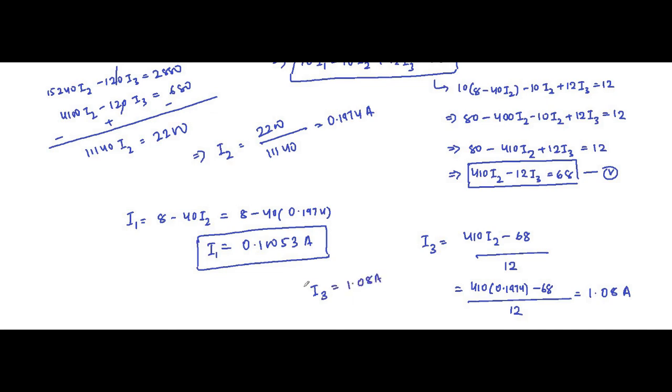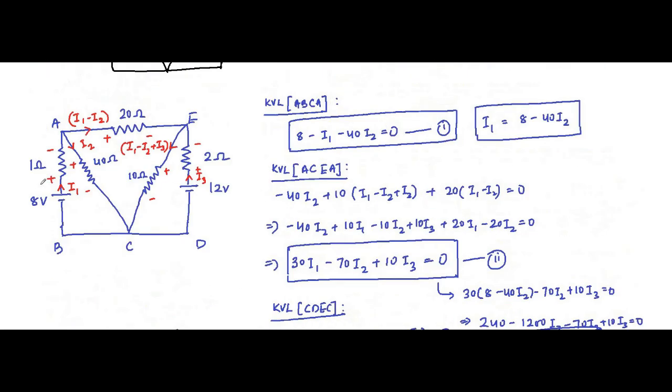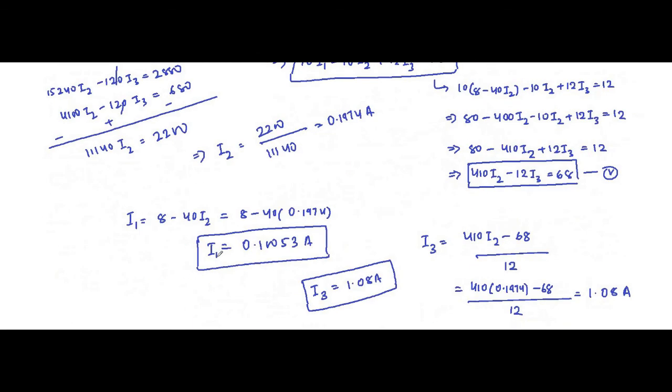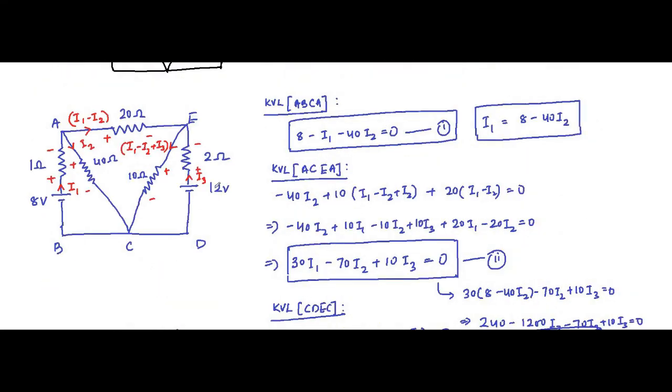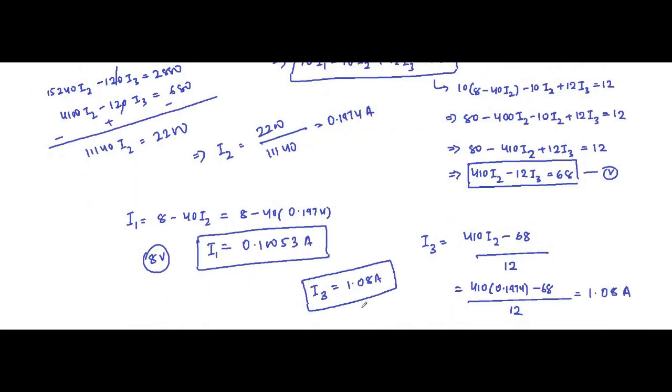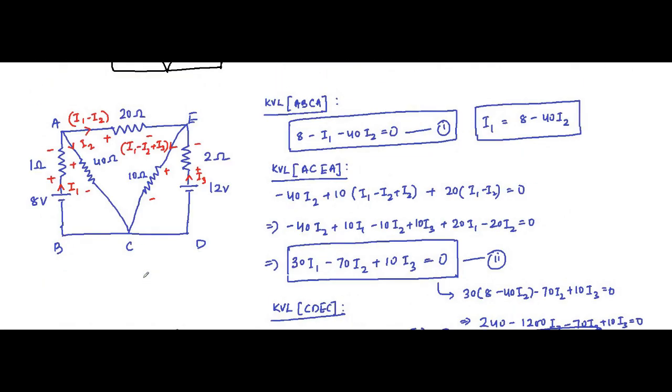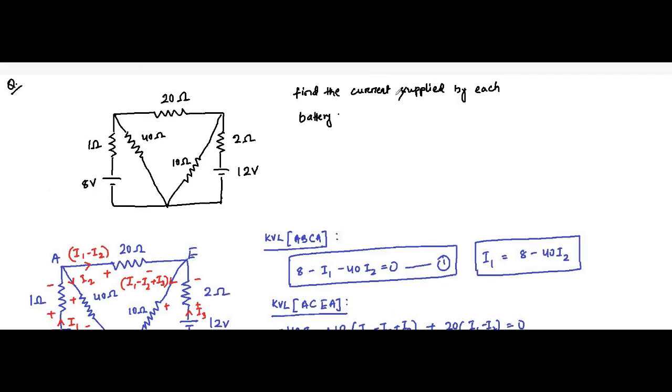So here we have got the two currents that we wanted to calculate. The current supplied by the 8 volt source is I1, and I3 is supplied by the 12 volt source. Another important thing to understand is that it has been asked to find the current supplied by each battery.